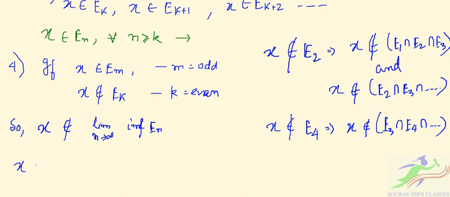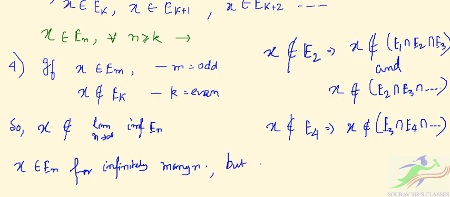That is, x belongs to En for infinitely many n, but x does not belong to the limit as n tends to infinity of the infimum of En, which is also a contradiction we are getting.